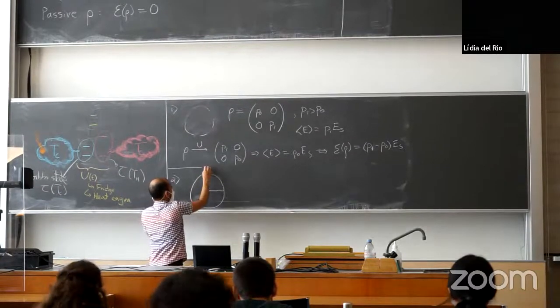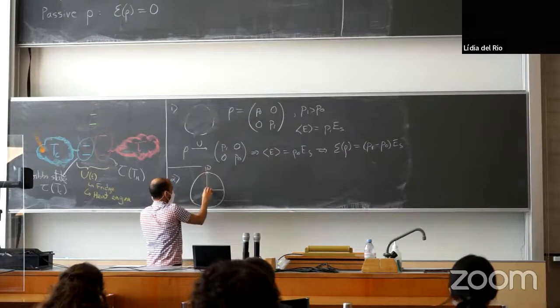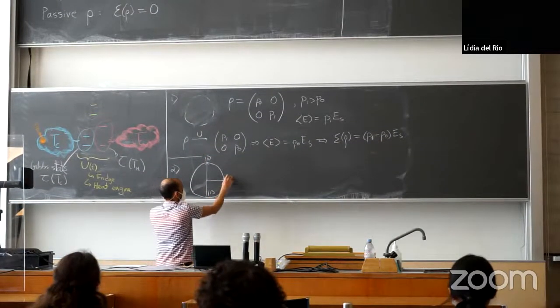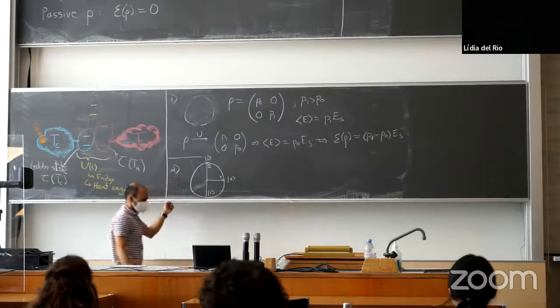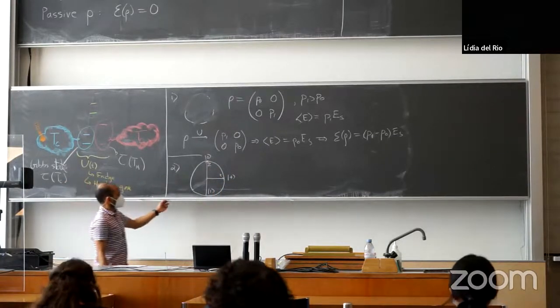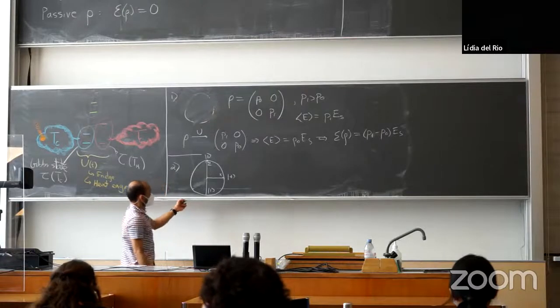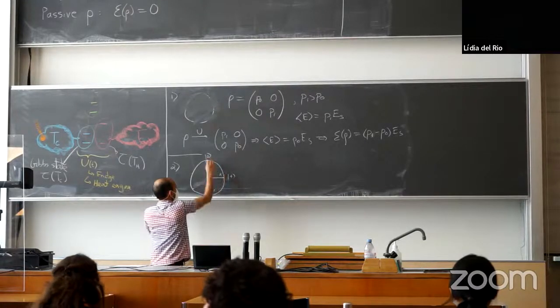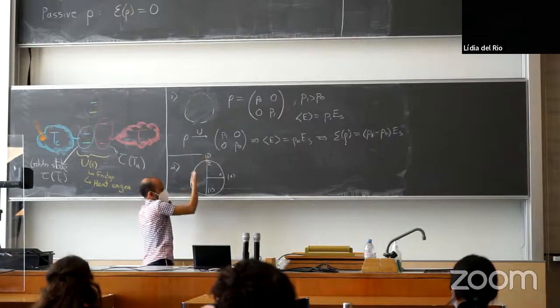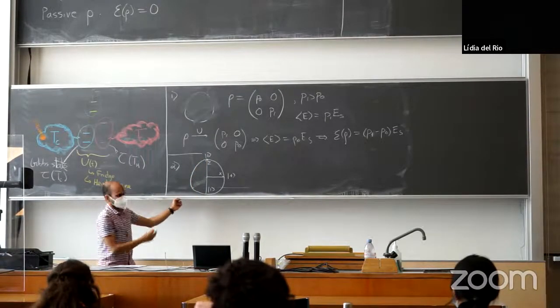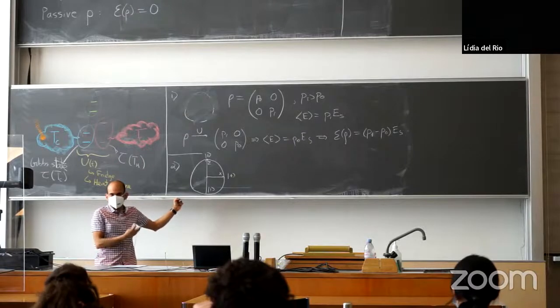Here we have the state 0, here we have the state 1, here the state plus, so this is Z, this is X. I've chosen, without loss of generality, the energy eigenbasis to be the Z basis. So I'm labeling the energy eigenstates by 0 and 1.